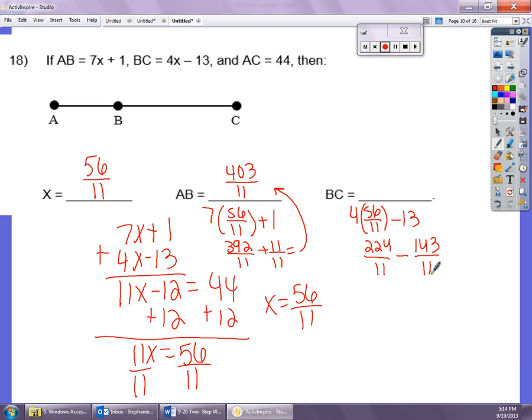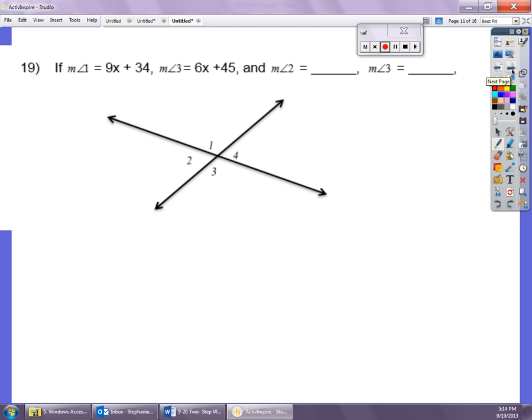And once you subtract your numerators, that's how you get 81 over 11. Please remember, I am very strict about grading these, so I don't expect to see this part, but I do expect to see this part that will lead to that part. Okay? That's 18.